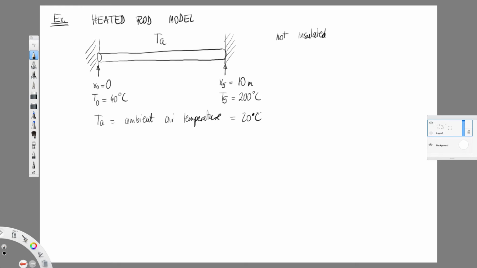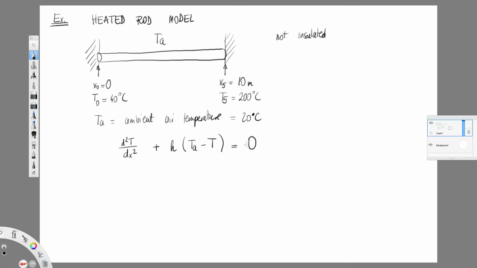So the governing differential equation for temperature at every point of the rod is that the second derivative, d2T/dx2, plus a heat exchange term, with a heat coefficient h, times TA minus the temperature itself, is equal to 0.